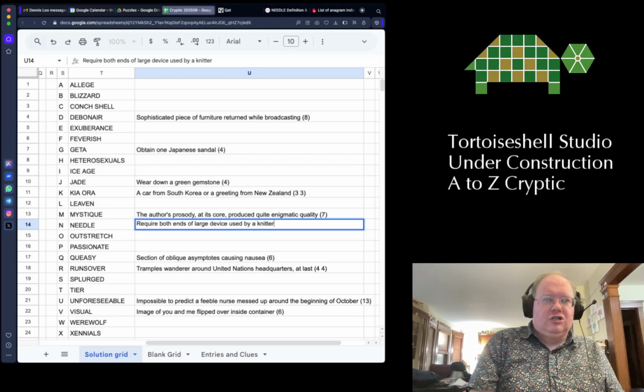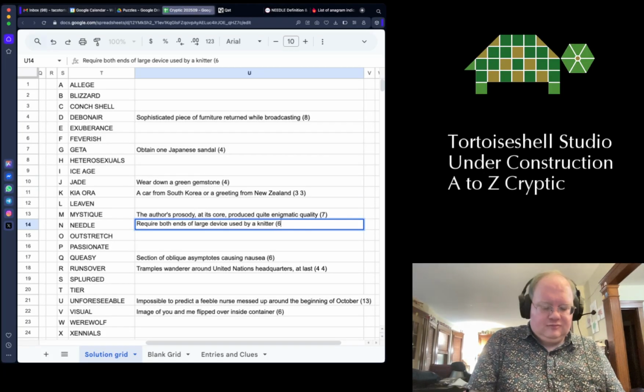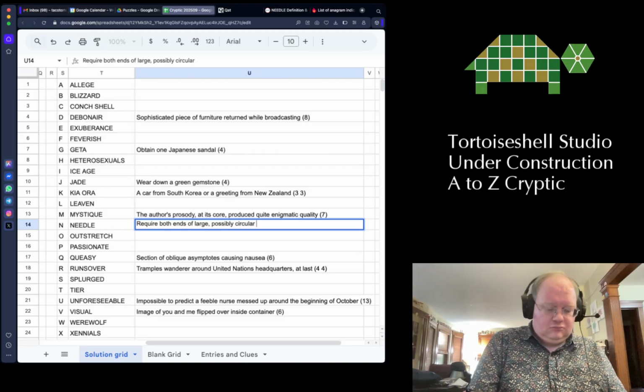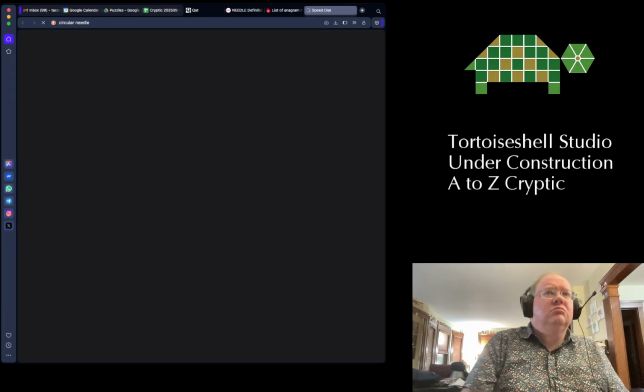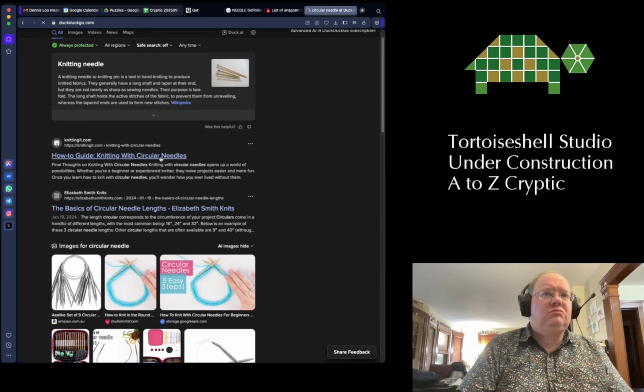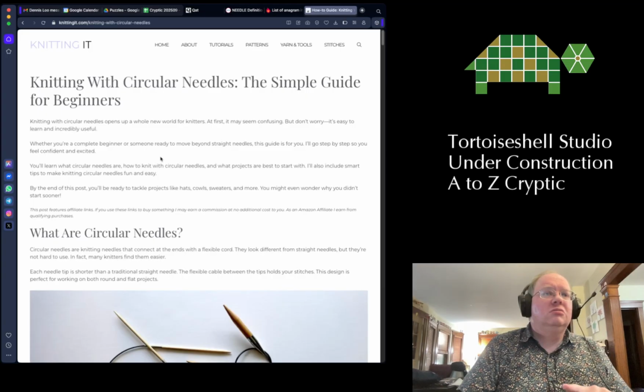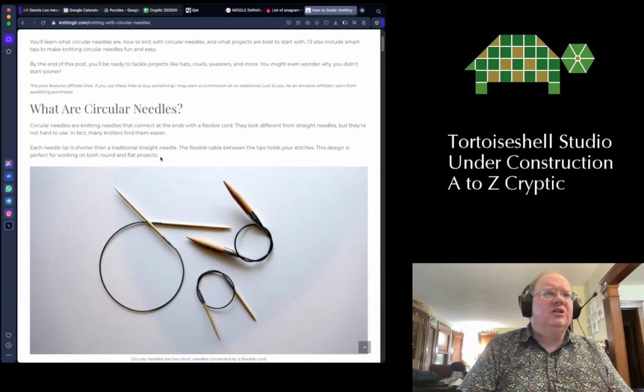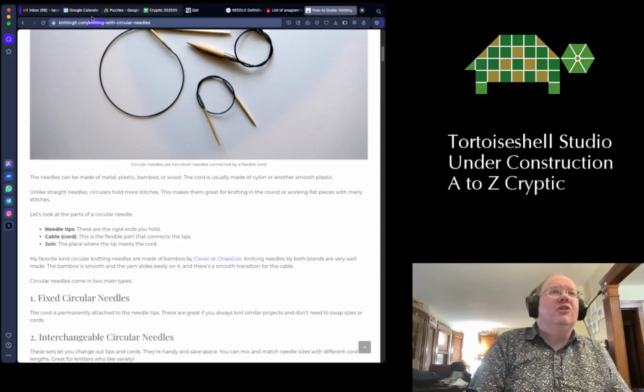Not by a needle, by a knitter. I don't like that because, even though it's one piece, you usually call it circular needles, I think. It's a good question.